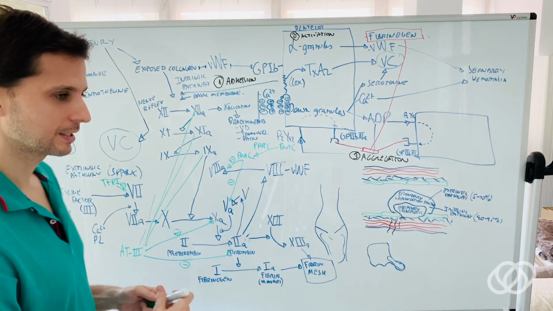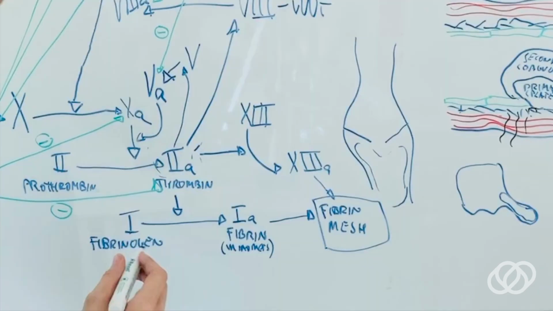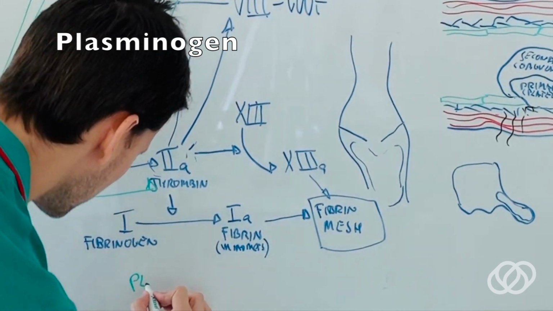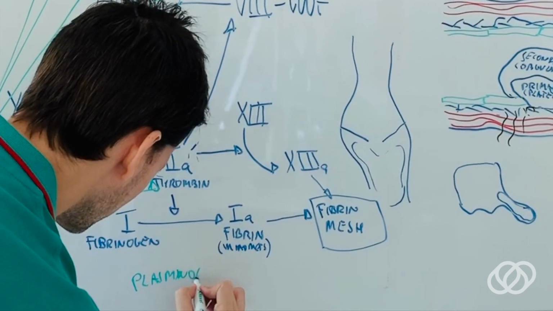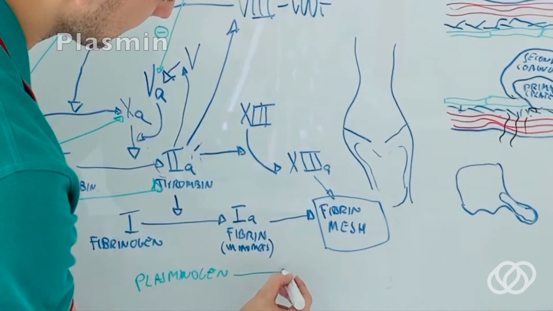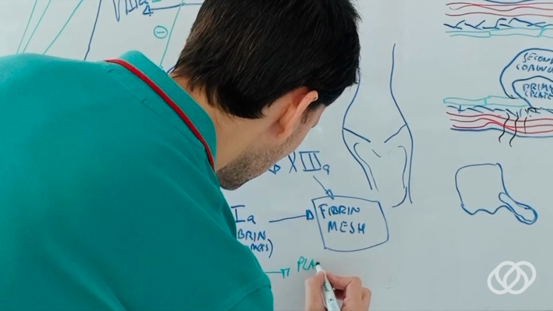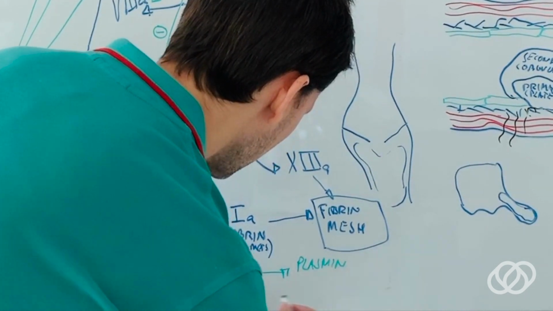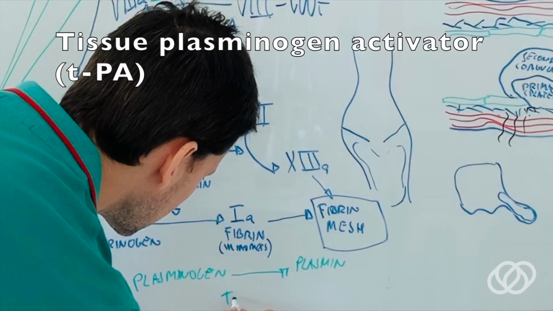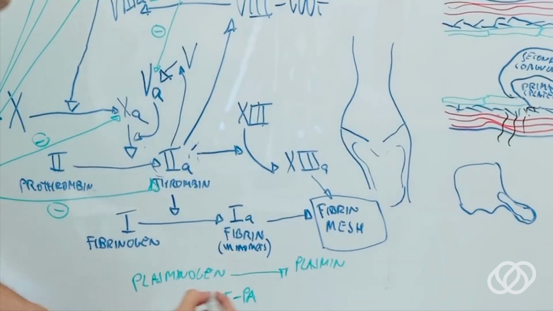This fibrinolytic system is mainly due to one substance, plasminogen, that can be turned into plasmin by one substance, the tissue plasminogen activator.